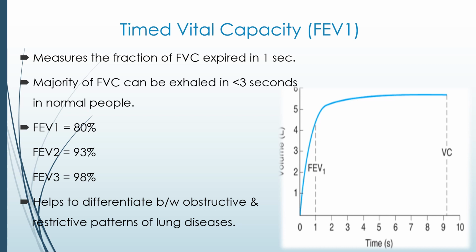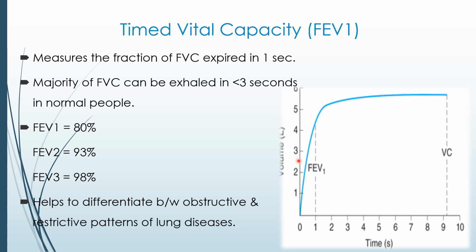The majority of the forced vital capacity can be exhaled in less than 3 seconds in normal people. FEV1, the forced expiratory volume in the first second, is around 80%.